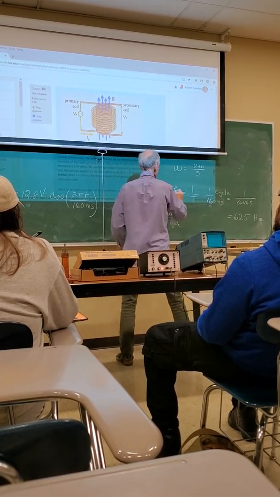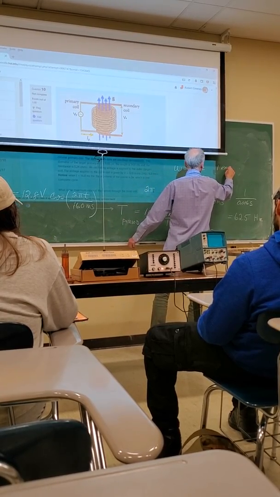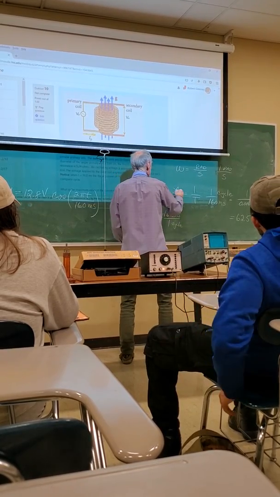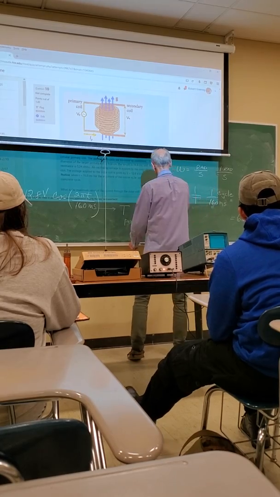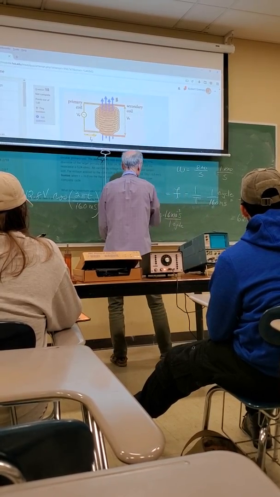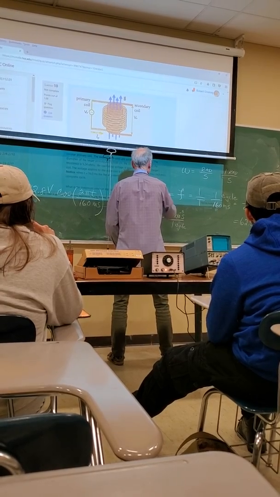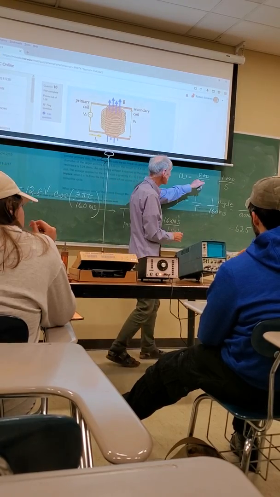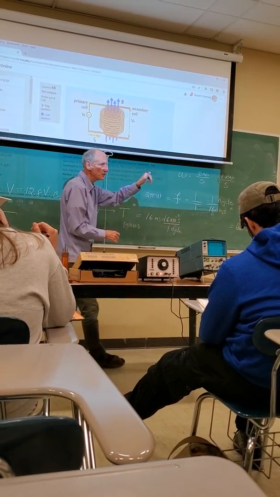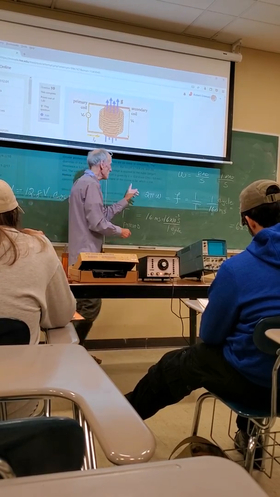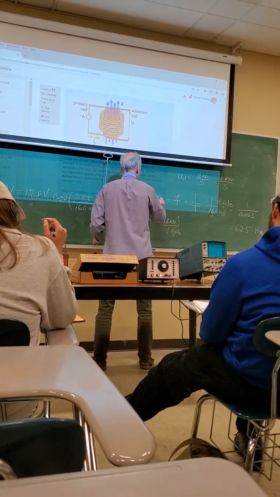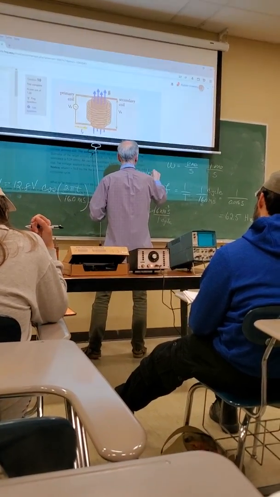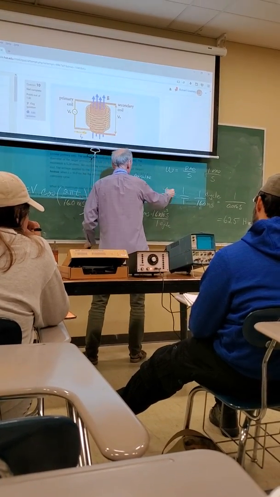If something's cycling 2 pi radians per second, anyway, I'm getting myself confused. The angular frequency is much higher because you're measuring how long it takes every radian to appear rather than every cycle. So this is the relationship between angular frequency and cycle frequency.